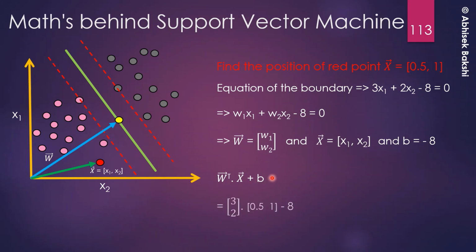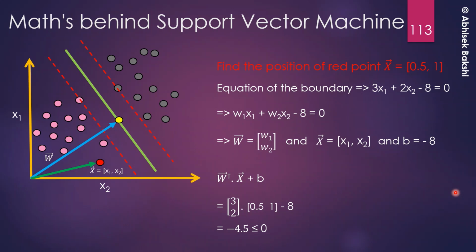So just simply put it in: (3, 2) dot (0.5, 1) minus 8. Anyway, it was wrongly written here. It should be (3, 2) as a row vector, then (0.5, 1) as a column vector. As a result, what will you get? You will get a value of minus 4.5.